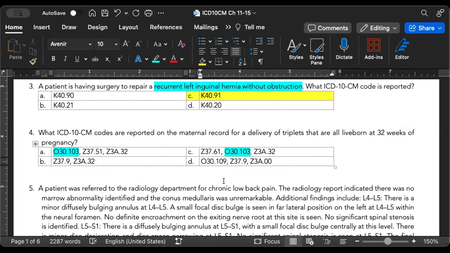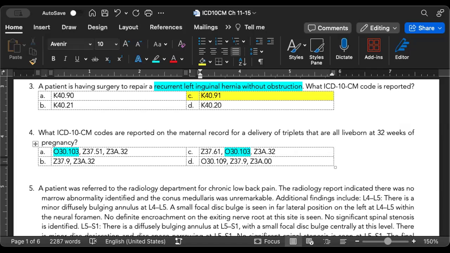Okay. Next, we have to report the outcome of delivery because we're talking about the delivery itself for this situation as well.